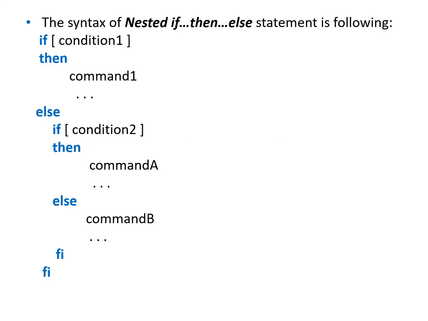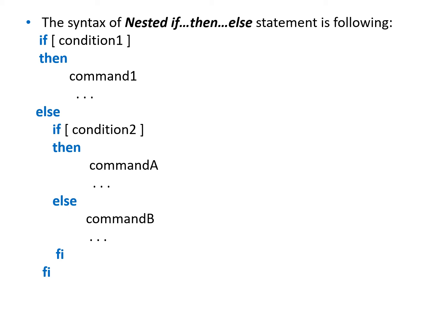The syntax of the nested if then else statement is the following. It is just an example. If, in brackets, condition 1, then command 1 and so on. Else if, in brackets, condition 2, then command A and so on.